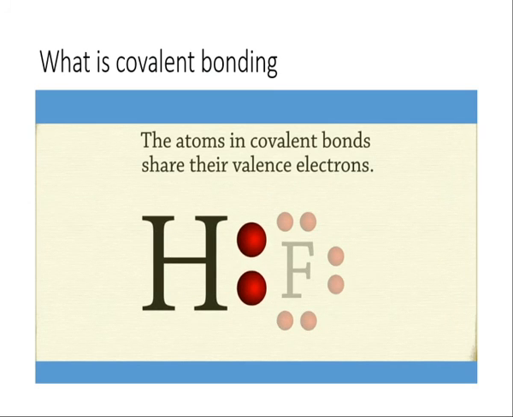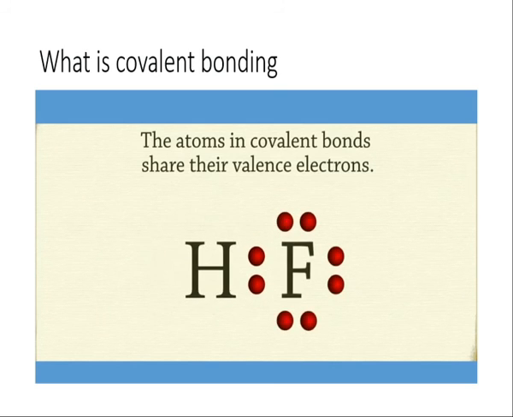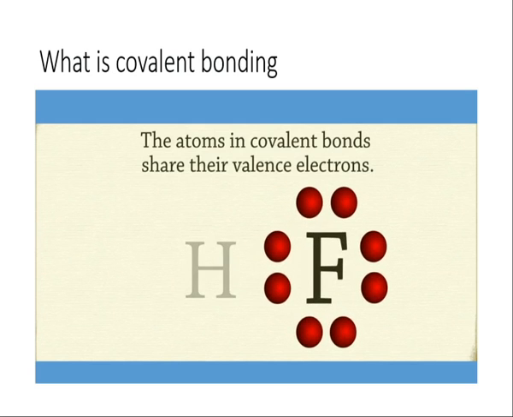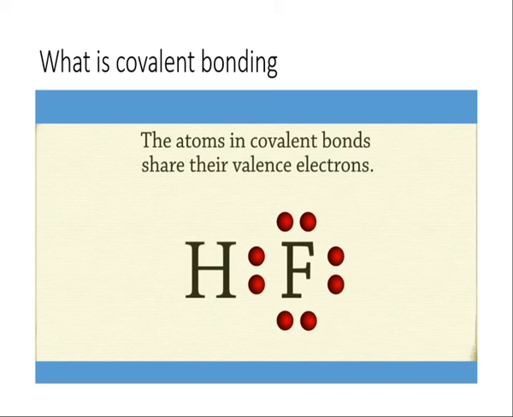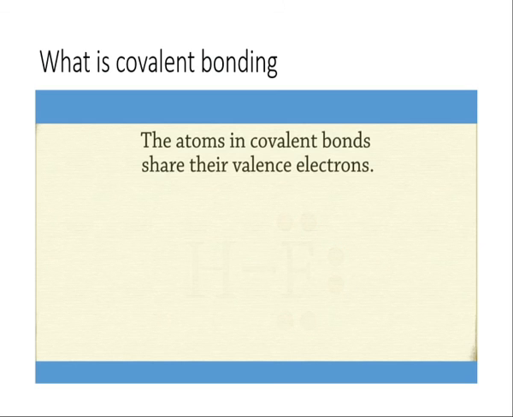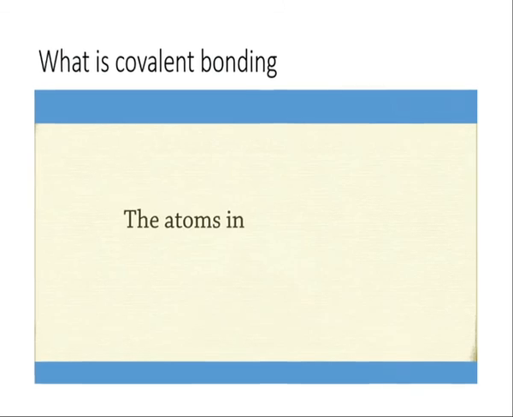By sharing, hydrogen receives an electron, therefore attaining the duplet state. Fluorine, on the other hand, accepts an electron from hydrogen, therefore becoming stable with the octet state. When you look at the two atoms after bonding, we have a line which we can use to illustrate a covalent bond.